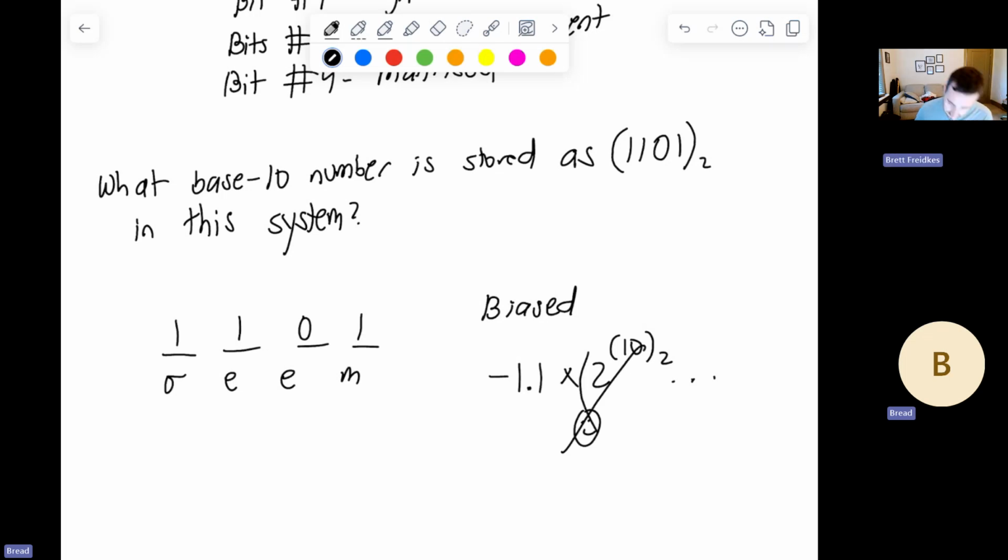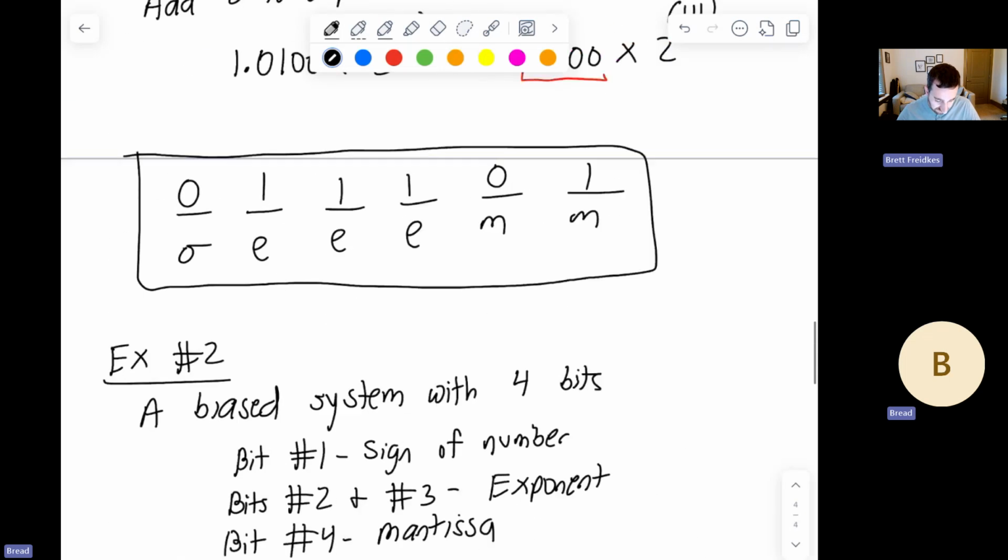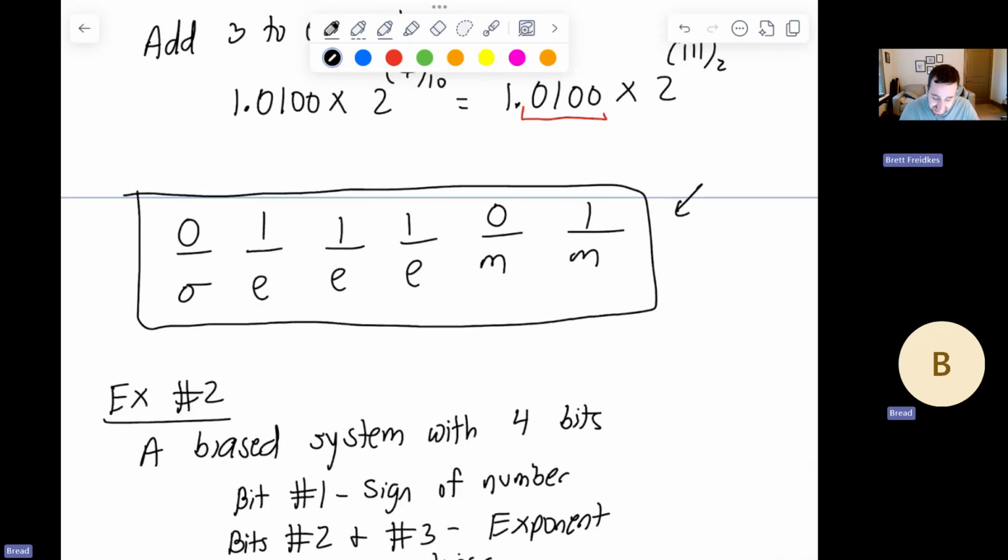We don't do that because that's not our original number. Like in the previous problem, if I recalculated this as is, where the exponent was 7, I definitely wouldn't get 20. It'd be a lot bigger. We have to unbias the bias form to get back the original number.